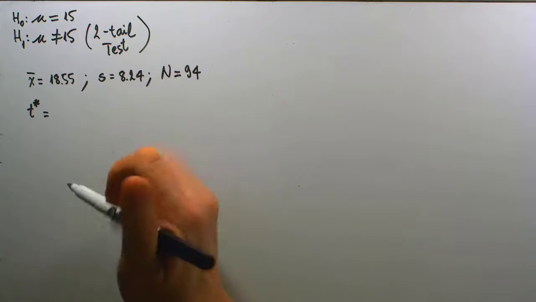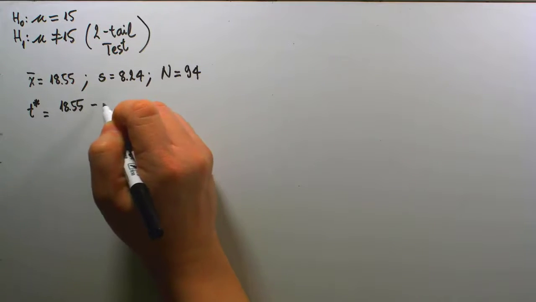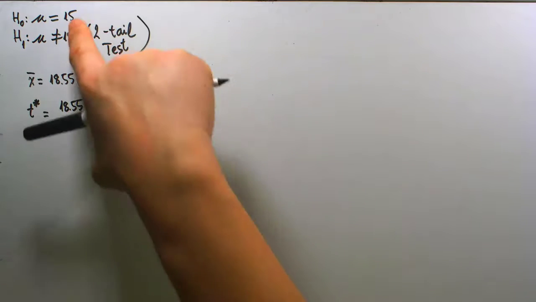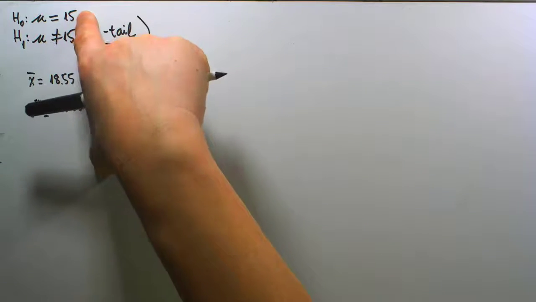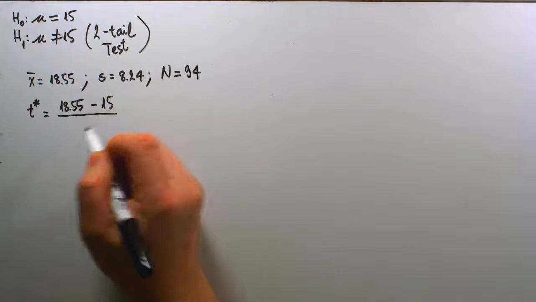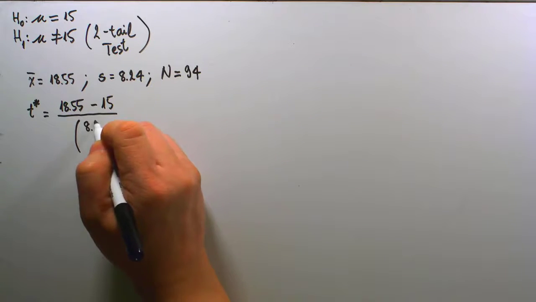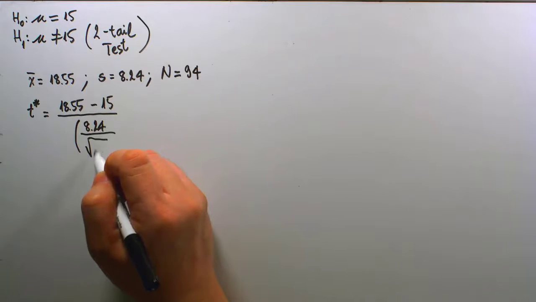And the math to be done here is 18.55 minus 15, which was the value claimed in the null hypothesis. And the difference here is divided by a fractional expression, that is 8.24 divided by the square root of the sample size, square root of 94.